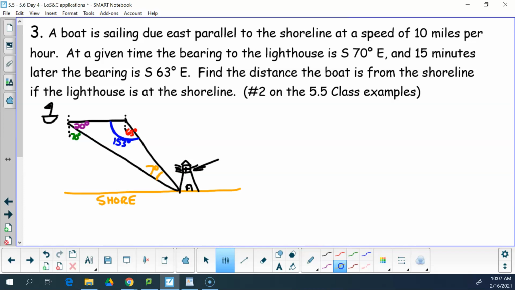Well, if the boat is traveling at 10 miles an hour for 15 minutes, how far did it go? It went 2.5 miles. Exactly.